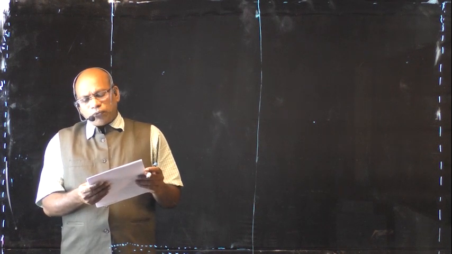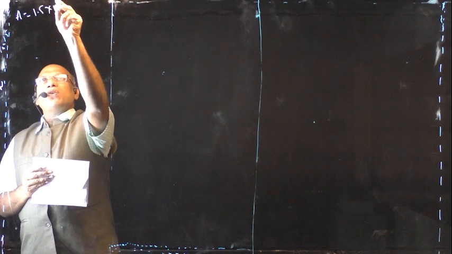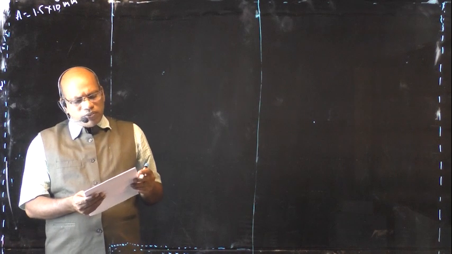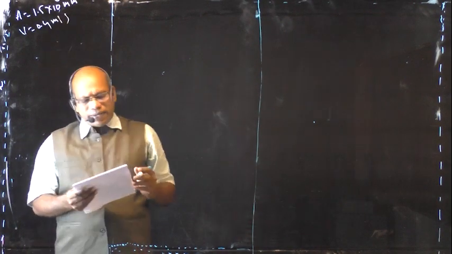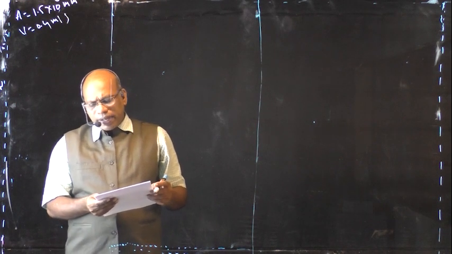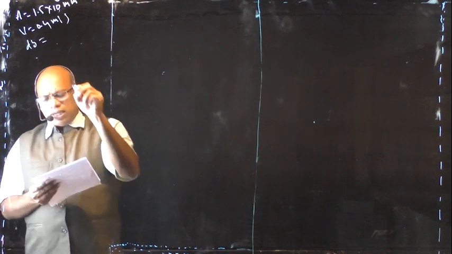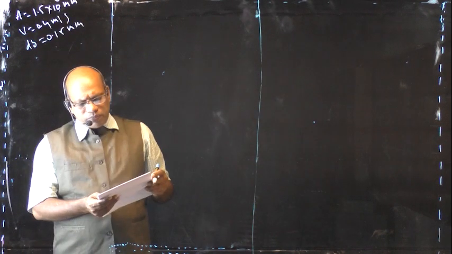A flat plate of area 1.5 × 10^6 mm square is given. It is pulled with a speed, the velocity is given, equal to 0.4 meter per second, relative to another plate located at a distance of 0.15 mm, that is dy is given, equal to 0.15 mm.